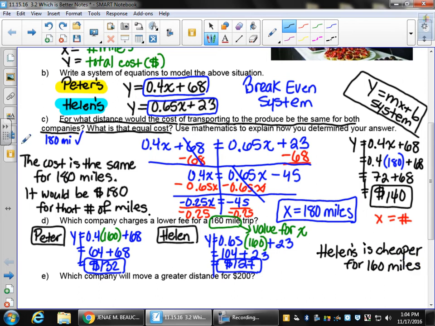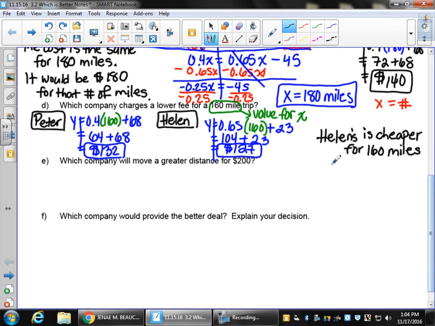for 160 miles. And if she's cheaper for 160 miles, we can actually extend this to be, and for any distance less than 180 miles. 180 is when they are even.